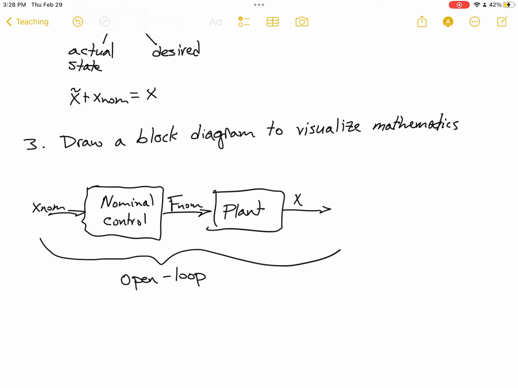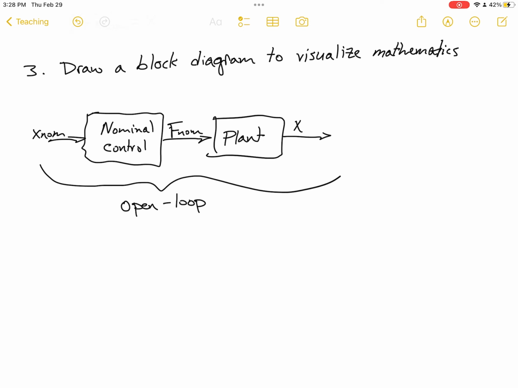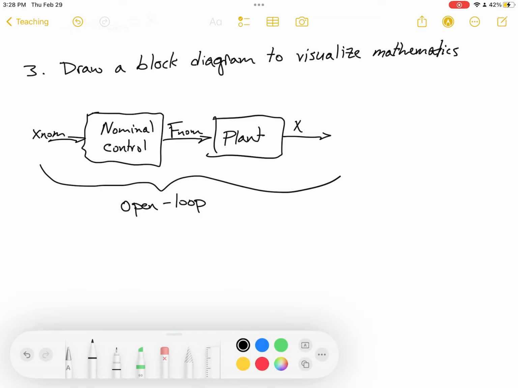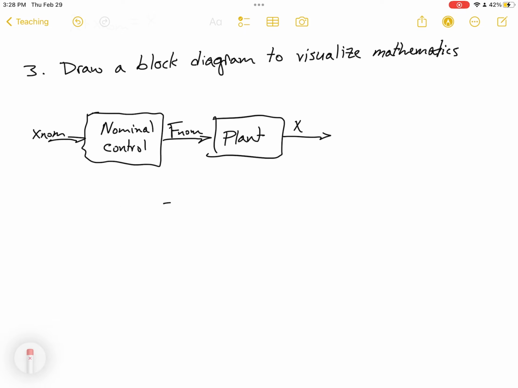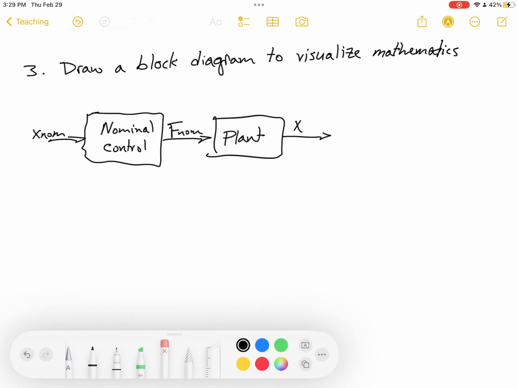It's an open loop block diagram. If we wanted to, on the other hand, have a closed loop, that's when we start to take the error into account to get better control. So I'm just going to erase this so I can edit my block diagram. So this is an open loop. We have an input and we have an output.